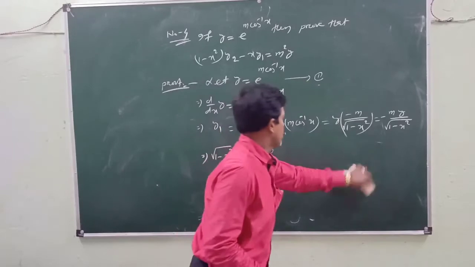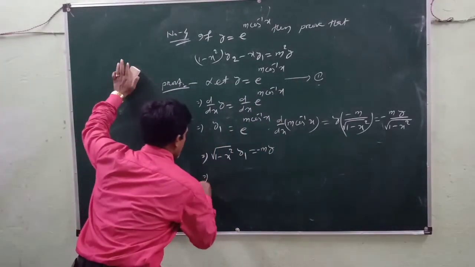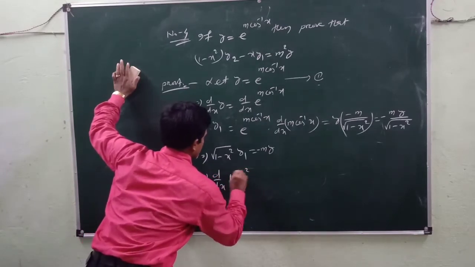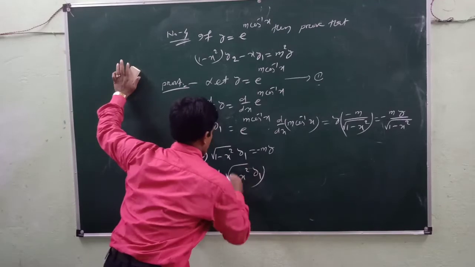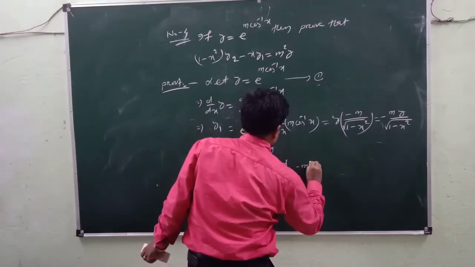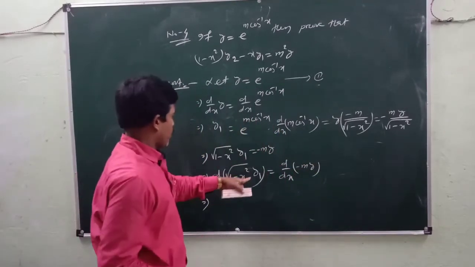Again taking derivative with respect to x on both sides. So d by dx of square root of 1 minus x square into y1, that equal to d by dx of minus m y. Now apply the product formula.